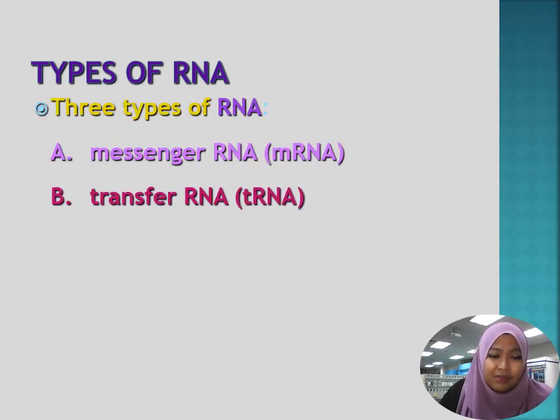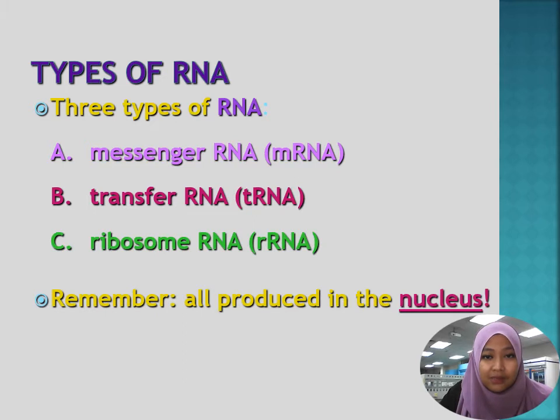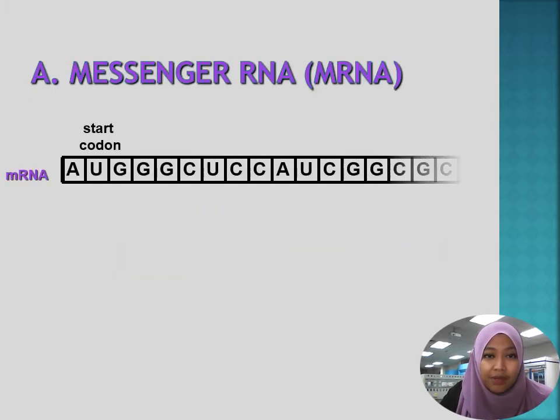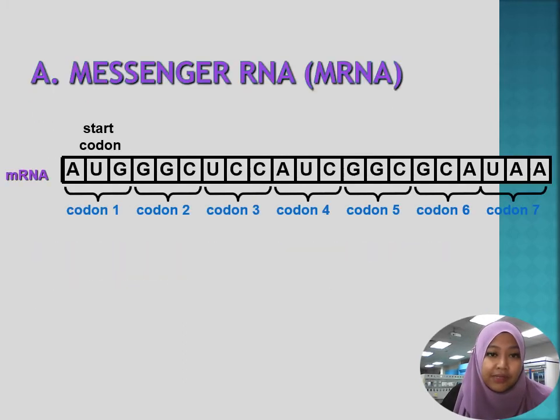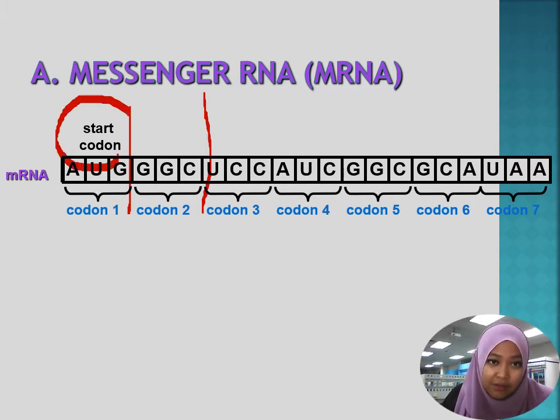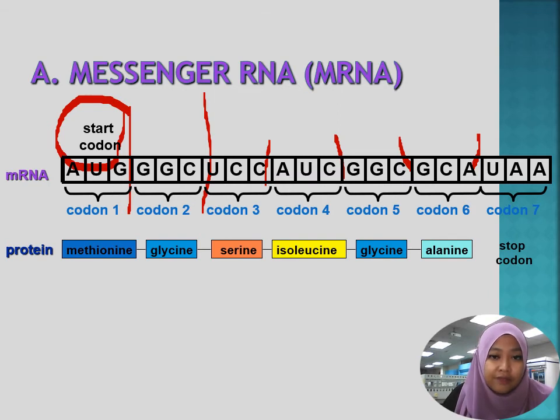So this is already explained. mRNA is read in groups of three bases, and each group of three bases is one codon. AUG is normally the start codon, remember? So we read three by three.